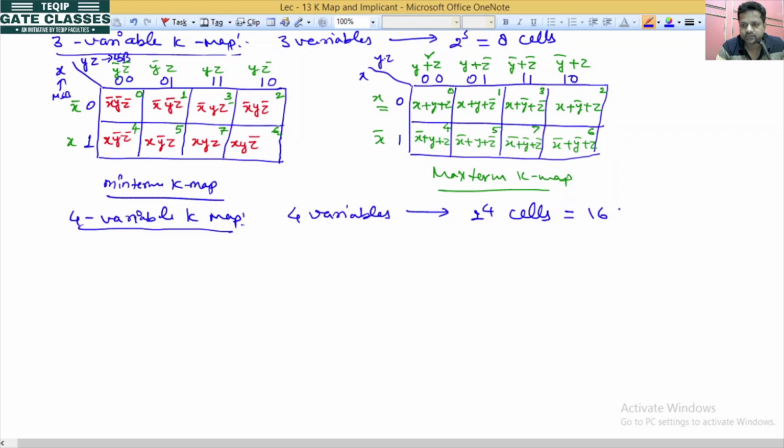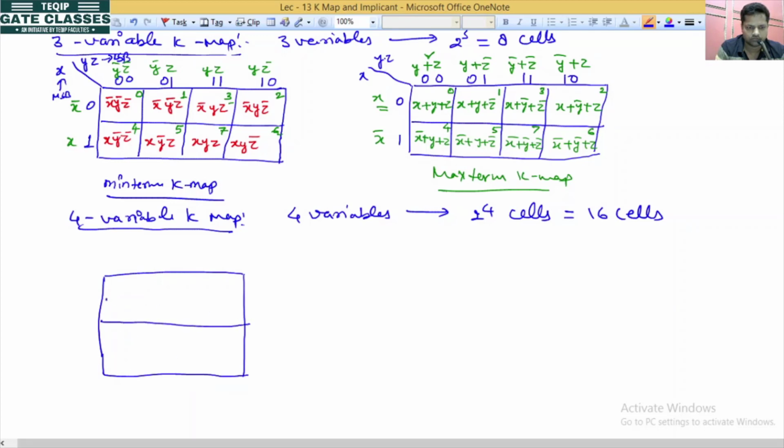That is 16 cells. So this is our 4 variable K map.